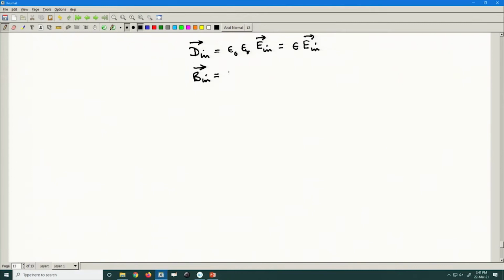Similarly, B in equal to mu 0 mu r H in, that is equal to mu H in, where mu r is the relative permeability and mu is the permeability.